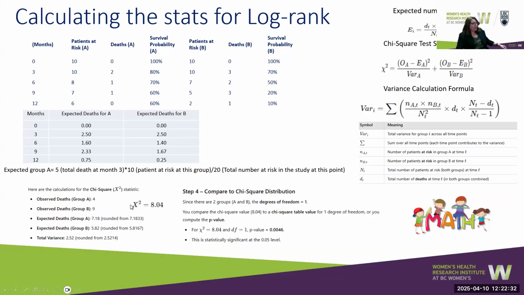And here is the summary. Observed deaths in group A is 4, in group B 9, and I calculated expected deaths in group A as 7.18, based on the formula, and expected deaths in group B too, and we calculated the variance. Here is what we got.